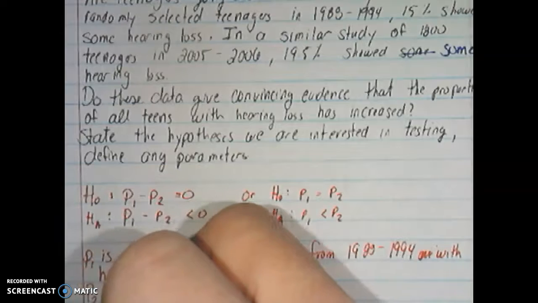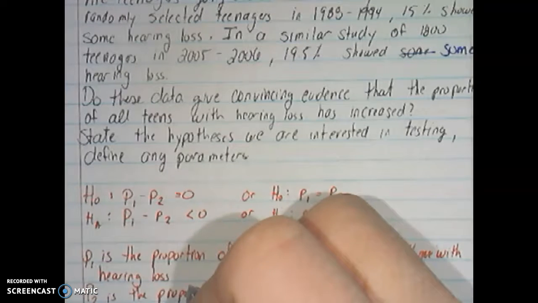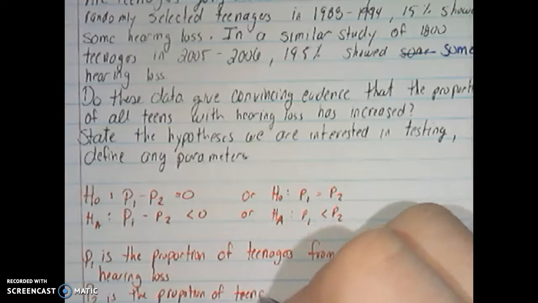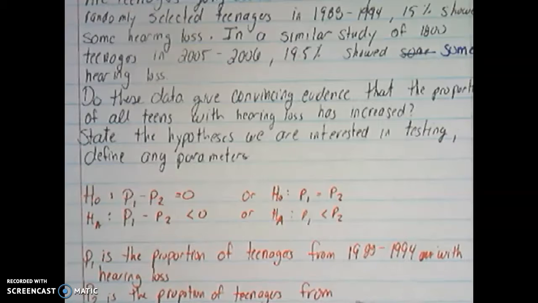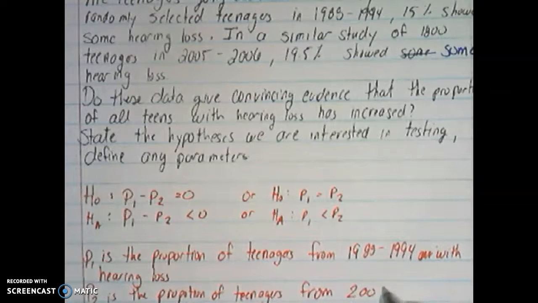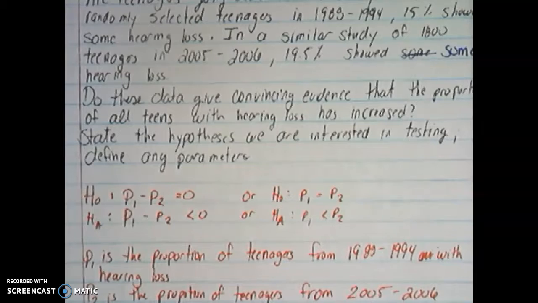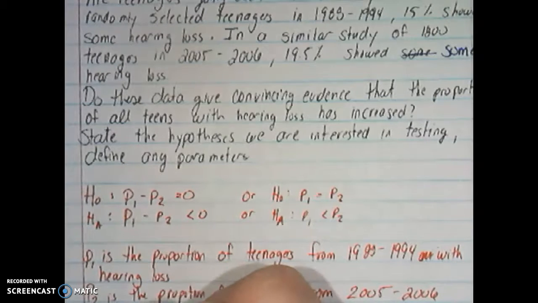And then P2 is the proportion of teenagers from 2005 to 2006 with hearing loss.